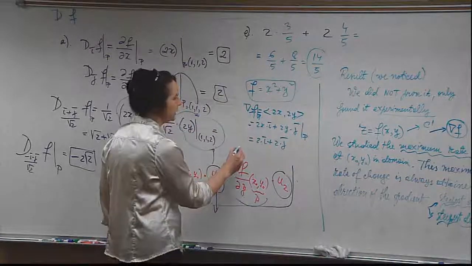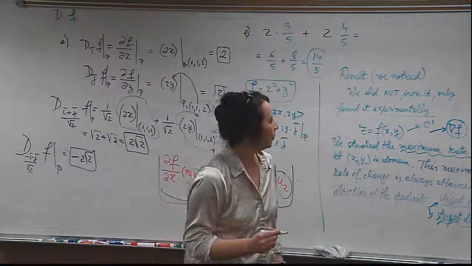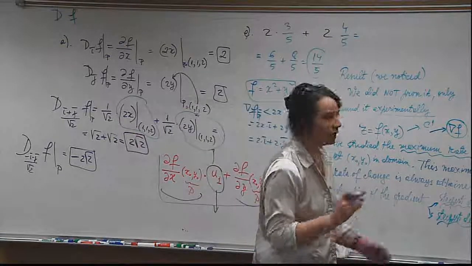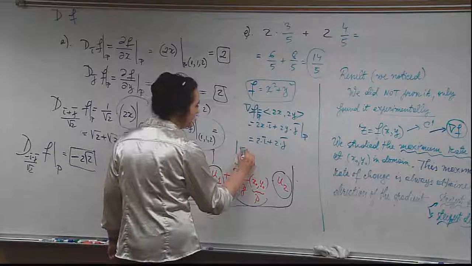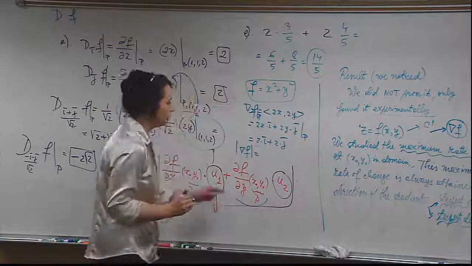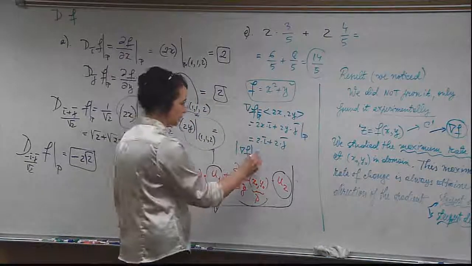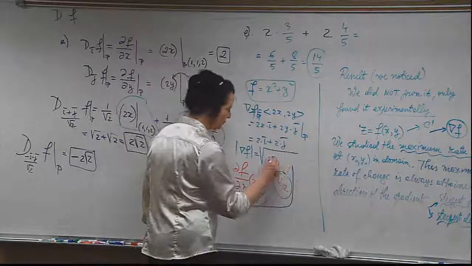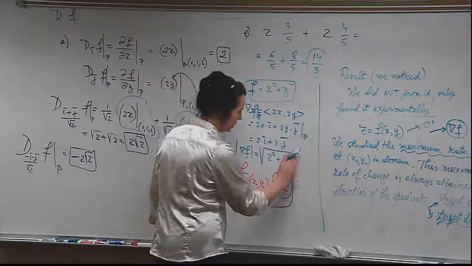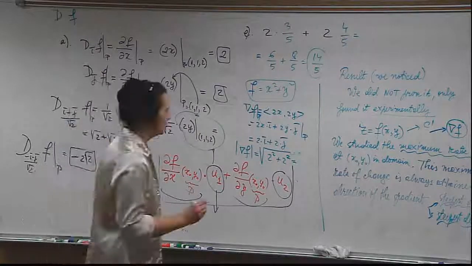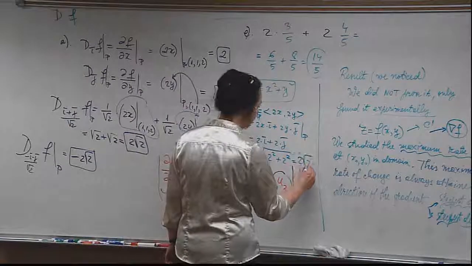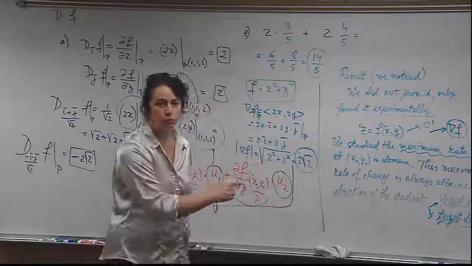And what is the magnitude of the gradient? Yes, the magnitude of the gradient is somebody I know, which is square root of 2 squared plus 2 squared. I cannot do math now. Square root of 8. What's square root of 8? 2 root 2. This is a pattern. 2 root 2. I've seen this 2 root 2 again somewhere.